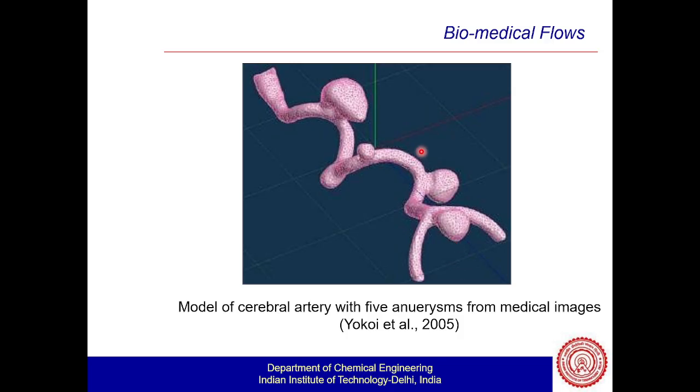So those things can also be predicted by using CFD. If I get an MRI scan itself, then you can find out the structure of the brain, and whether there is any aneurysm in your brain. Therefore, we can do CFD simulations, and then we can also see at what kind of velocity or what kind of pressure it will rupture.